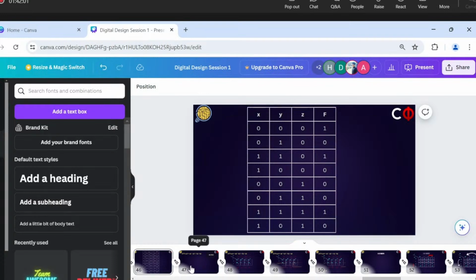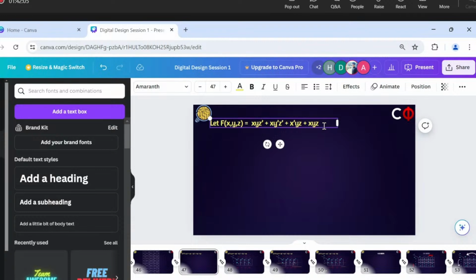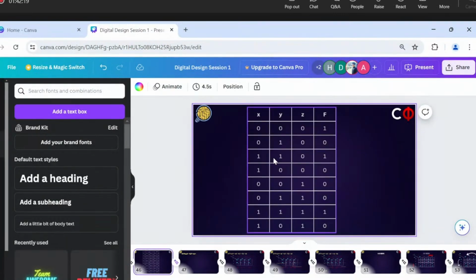So I'll go and change it here. What's the new function which we have? It's going to be x prime y prime z prime plus x y z plus, what was the third thing which we had? We had x y z prime.